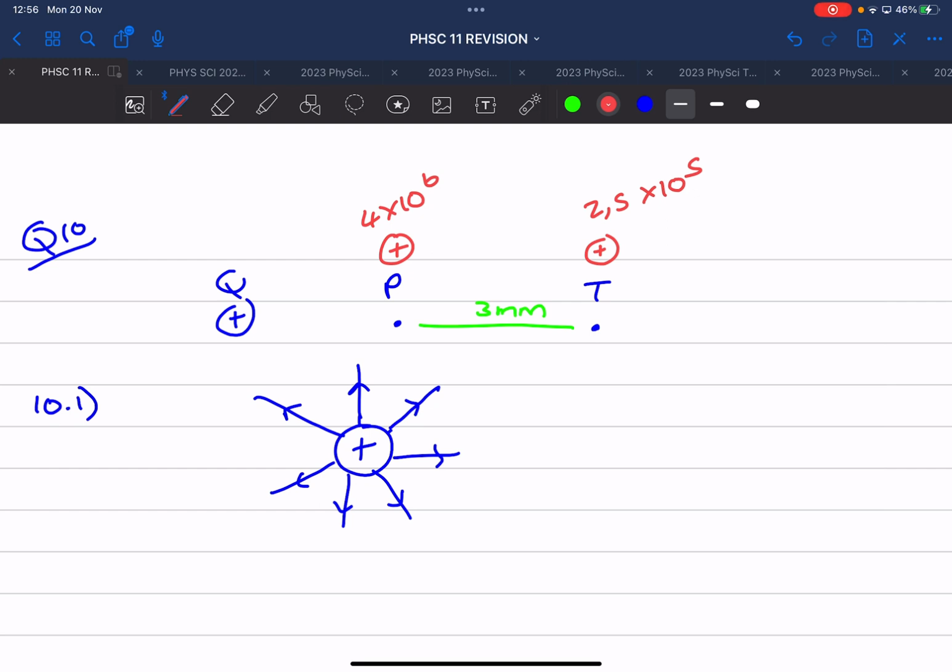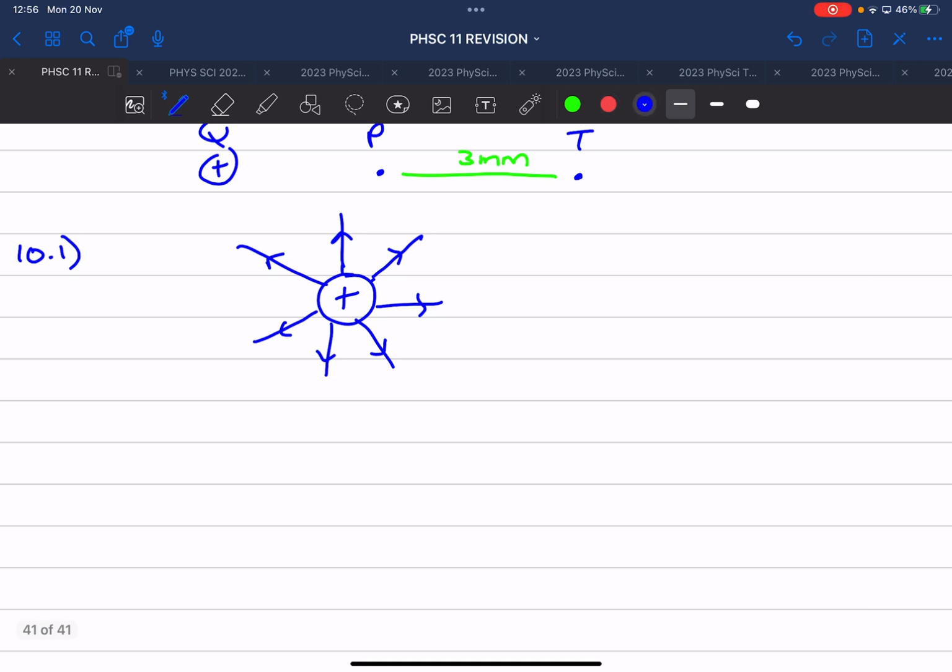Electric fields, elektriese velde is E. 'n Veld is E. Field is E. Force is F. Field is E. Okay? Hey, toch. Nou vra hulle vir jou by vraag 10.